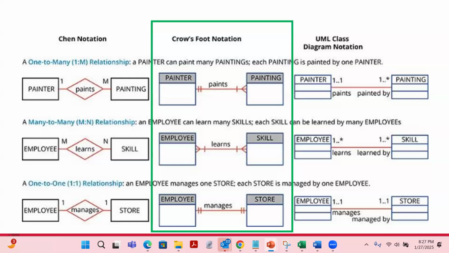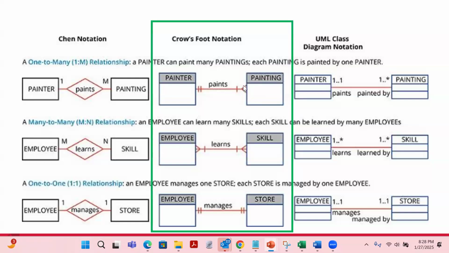I will not accept any diagrams that are not drawn in crow's foot notation. Please do not use Chen notation or UML notation. All your diagrams must be drawn in crow's foot notation. Why is it called crow's foot? Because it does look like a crow's foot. If you look at this symbol, it's actually a crow's foot.